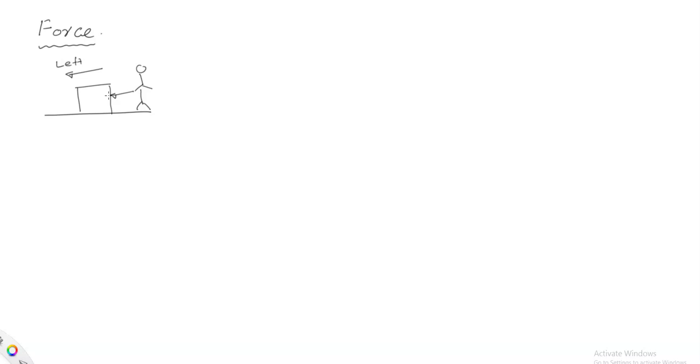So in very simple terms, a force can be explained as an action of pushing or pulling. But later you will see there are many different ways of talking about force. For the time being, let's say this is the force. You're going to push this object across the floor.